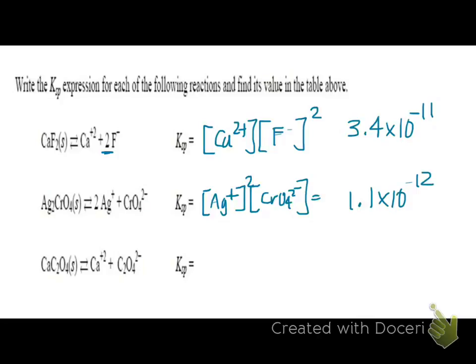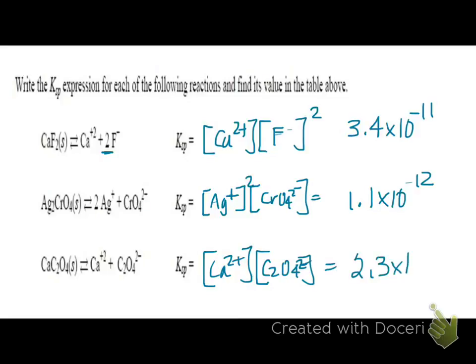Then the Ksp for calcium oxalate would be calcium, and then the oxalate. Of course, these are concentrations because they're ions. Sorry, I forgot the 2 minus. When we look that one up, it is 2.3 times 10 to the negative 9. So that's how you write the Ksp expressions for solids.